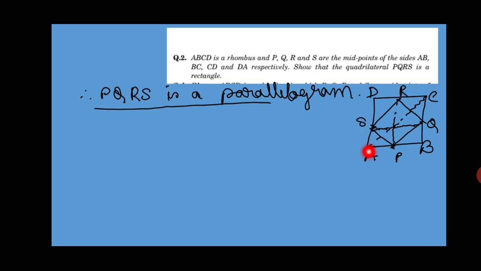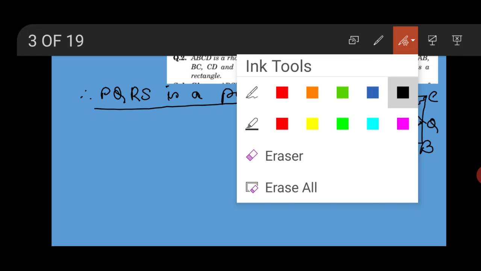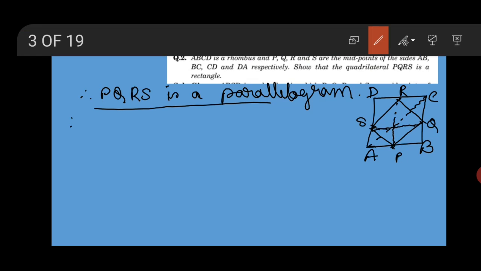PQRS is a parallelogram. Now ABCD, we know it is a rhombus. Half of AD is AS, and half of BC is BQ. Therefore, ABQS is a rectangle.